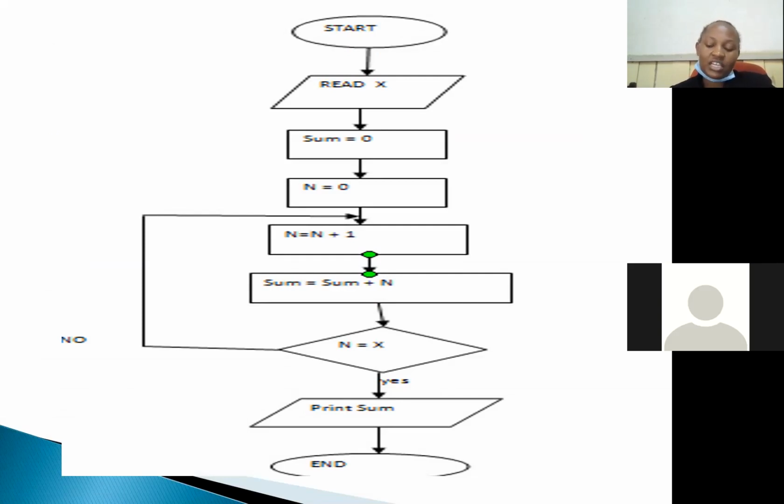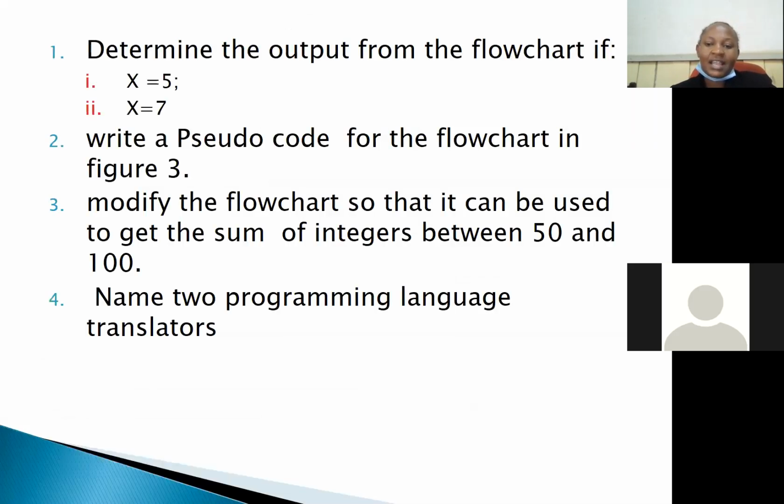And then we also change the condition, because we are writing a flowchart that can be used to get the sum of integers between 50 and 100. The word between means that it is 51 to 99, so the integers should be summed as 51, 52, all the way to 99.